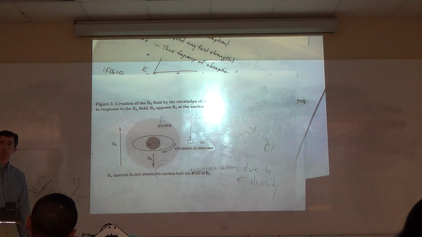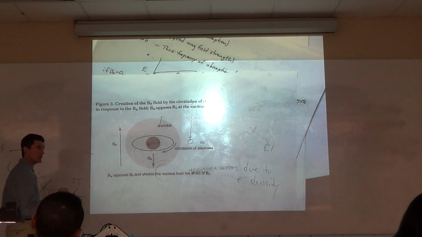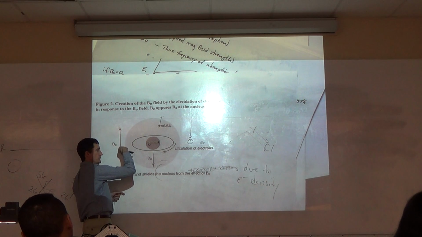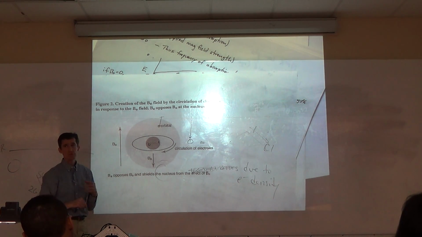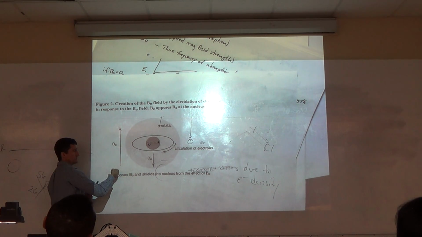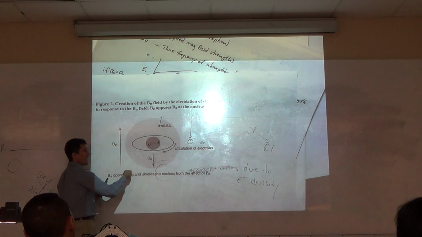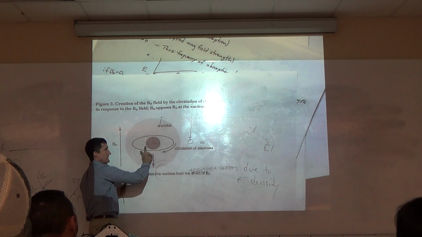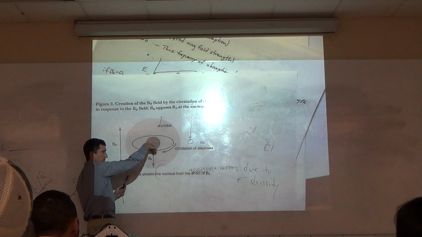See, electrons are known to shield because the electrons create a field that opposes this. And I usually give the analogy of shielding to sunscreen. This is the sun. The electrons act like sunscreen and oppose the sun.